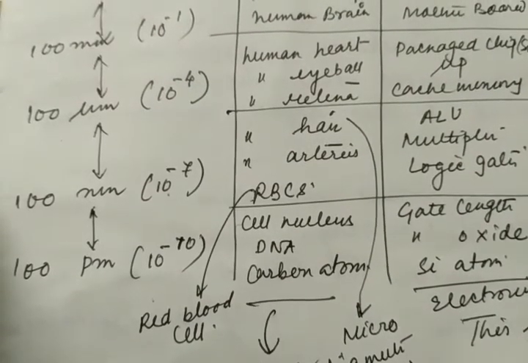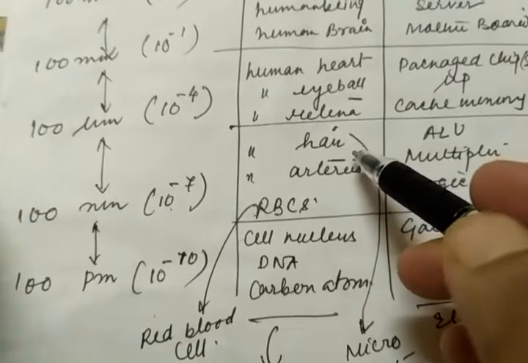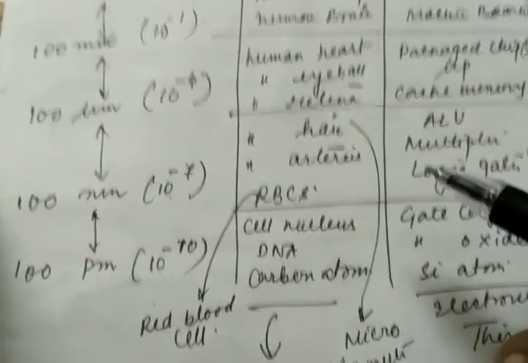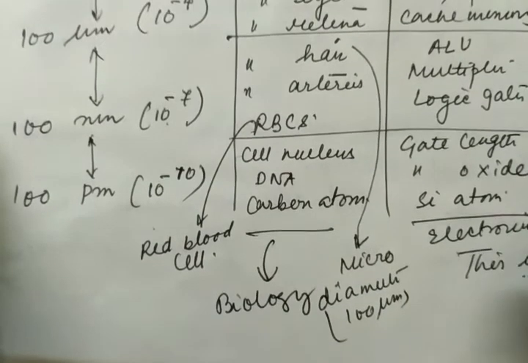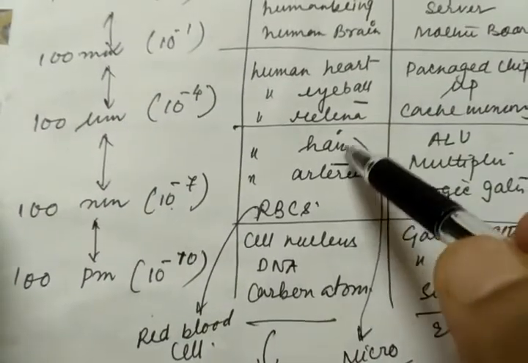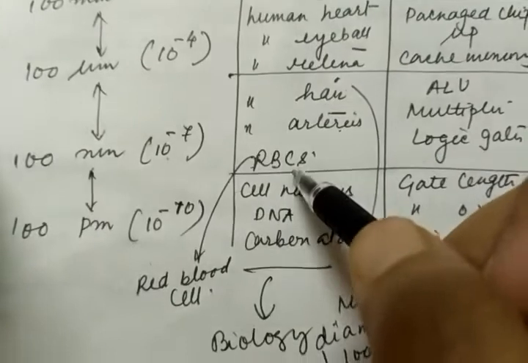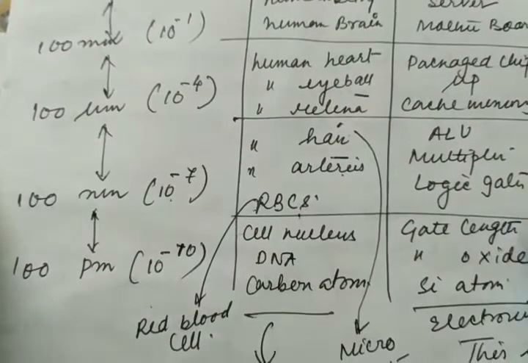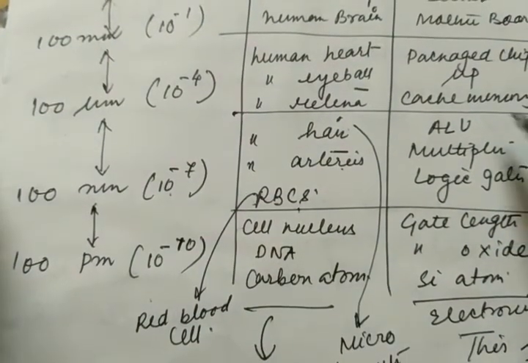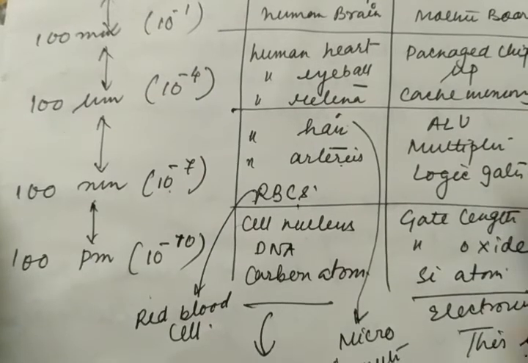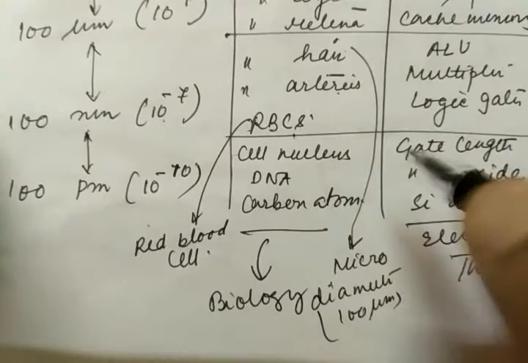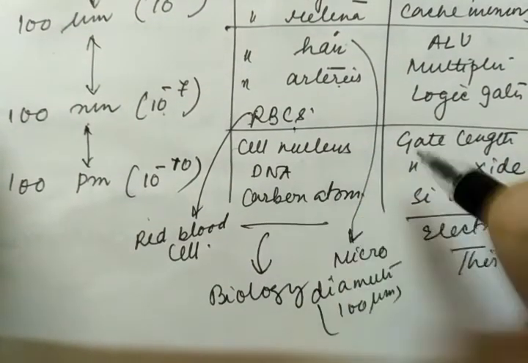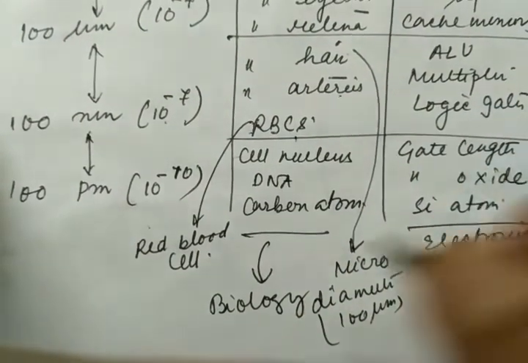And whenever we are entering the micro technology, we can take the example of our hair, because our hair is a micro diameter. Okay, micro diameter means 100 micrometer. Arteries, RBCs means red blood cells. And in electronics we can say ALU, multiplier, logic gates in terms of IC, integrated circuit. And after that, we can say the cell nucleus, DNA, carbon atom, etc. in terms of biology.